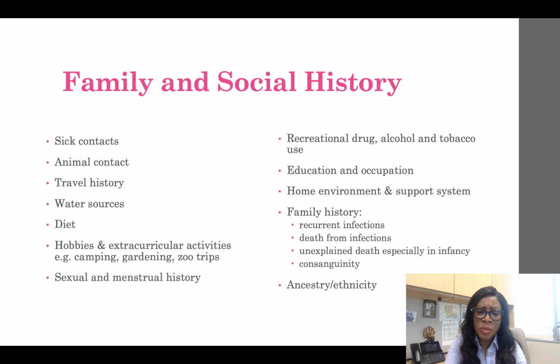And that plays into your choice of antibiotics because certain antibiotics are teratogenic and are contraindicated in pregnancy. The use of recreational drugs, alcohol, and tobacco may also be indicators of high risk behavior that may put a teenager at risk for HIV.